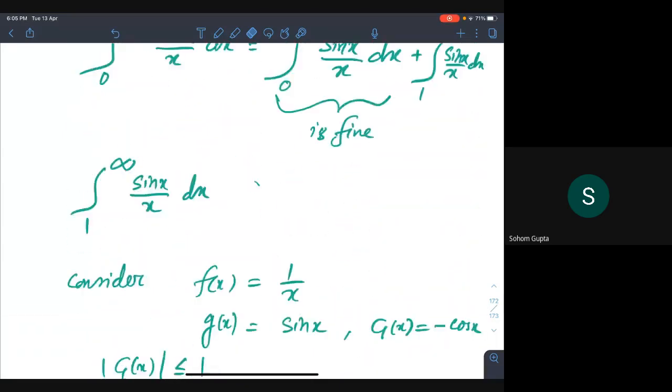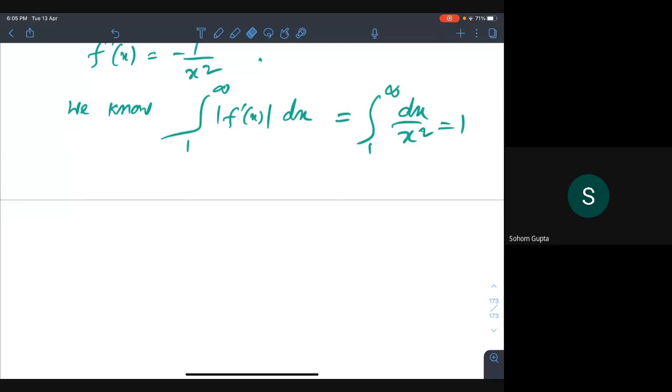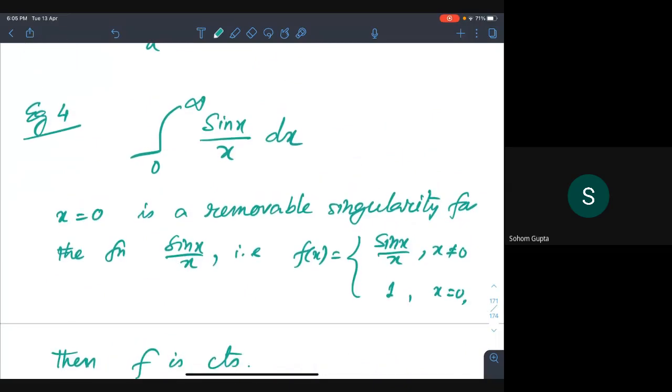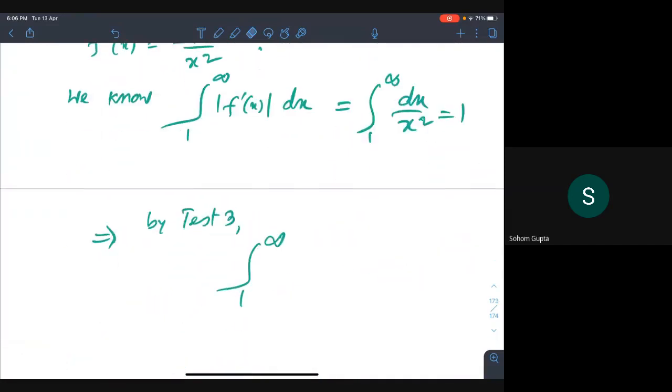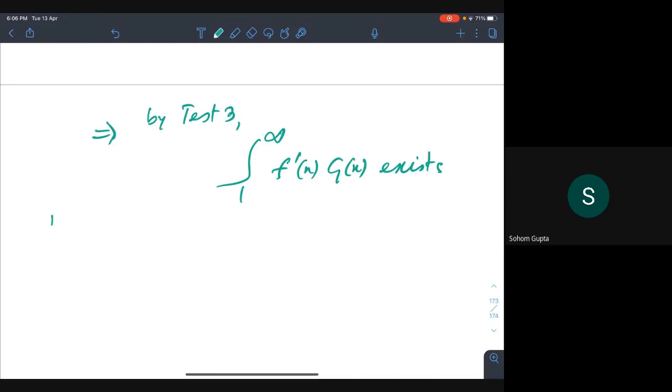Okay. So now this implies, by test 3, that the integral from 1 to infinity of f'(x)G(x) exists, by integration by parts.